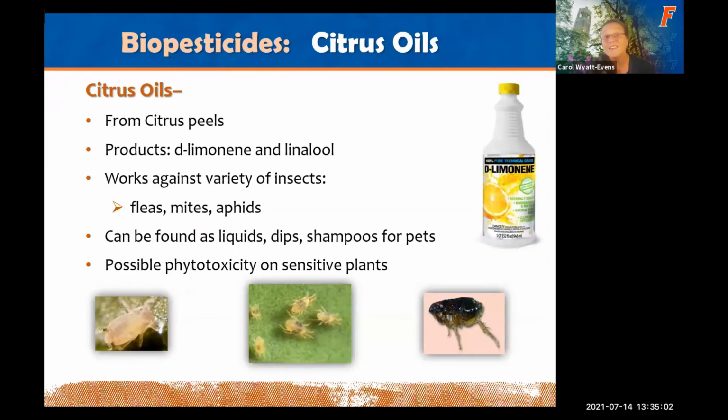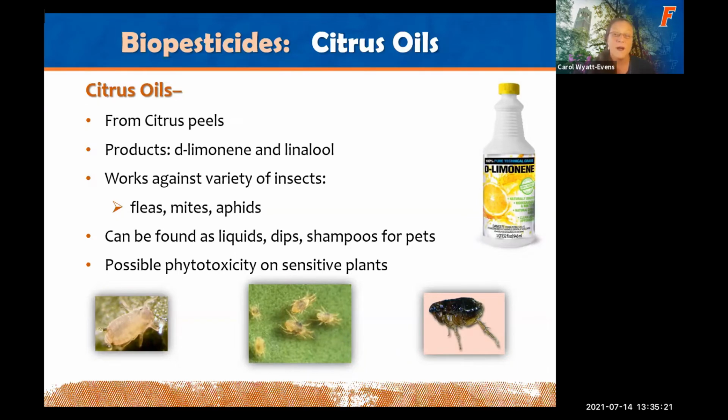Now, moving on, this is the citrus oils. Citrus oils are really good products, but they're mainly used as products to apply to animals. They're extracted from citrus peels, and they act as a nerve poison to these pest insects.